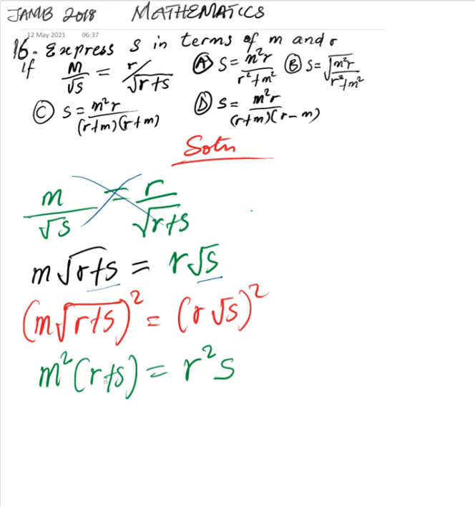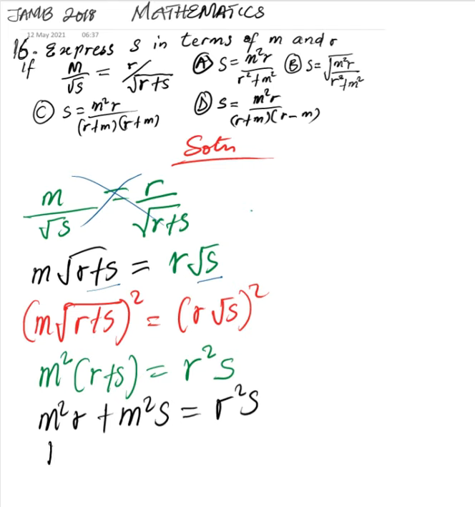Then the square of root S is simply S. Alright, let's expand this expression now. Expansion of M squared into R plus S: we have M squared times R, M squared R, and M squared times S, M squared S, equal to R squared S. Now let's collect the terms with S at the right hand side and the other terms at the left hand side.